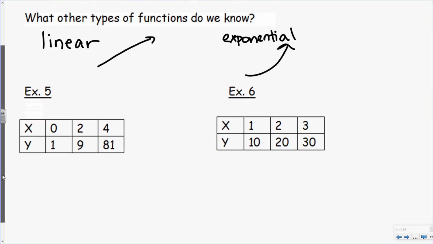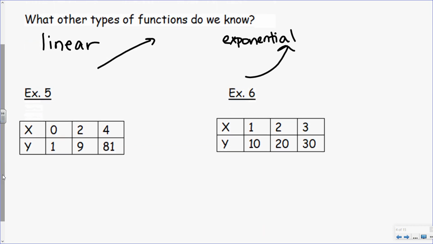All right, so let's look at a table and see if we can identify. So to identify if I have an exponential, I need to see my rate of change. So here I'm adding 2, adding 2. What am I doing from 1 to 9? I'm using multiplication. So I times it by 9. To go from 9 to 81, I'm timesing by 9. Sorry, not timesing. We want to look at adding.